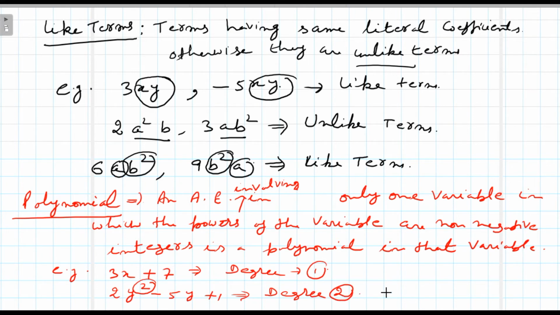If I write x plus 1 upon x, is it a polynomial? No, it is not, because when this x goes above, it becomes x to the power minus 1. So negative powers are not polynomials, right?